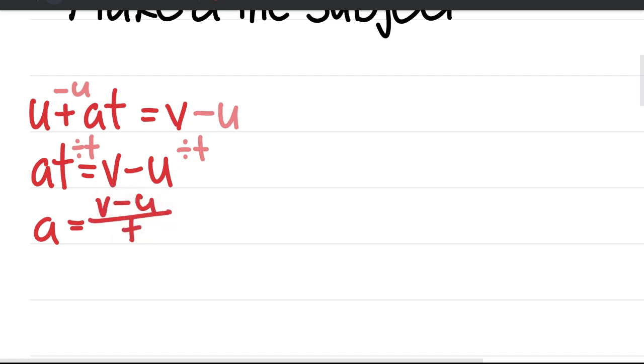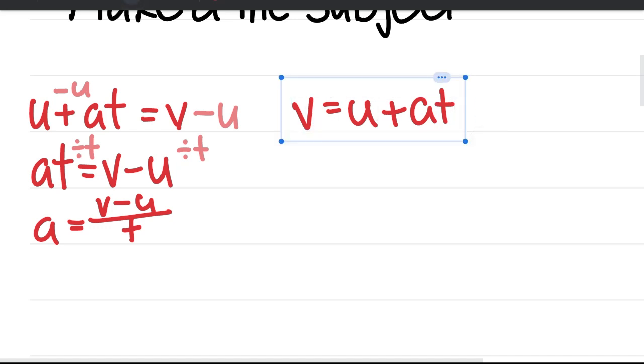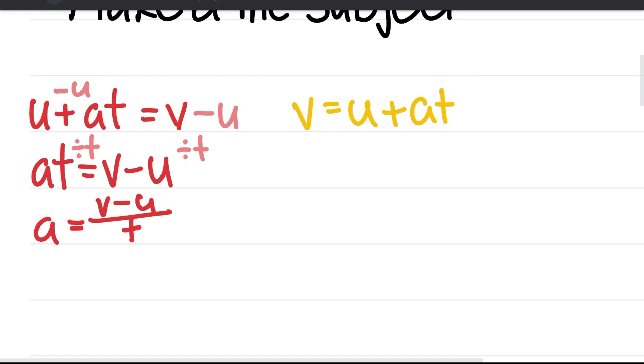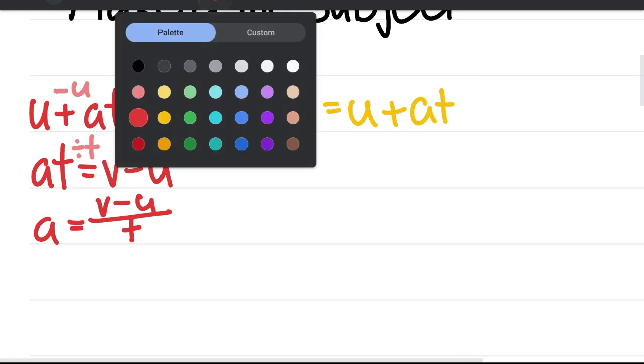A mistake a lot of people make when writing this down. Let me show you again. U plus AT. Okay, maybe I'll write it in a different color. This is the mistake.